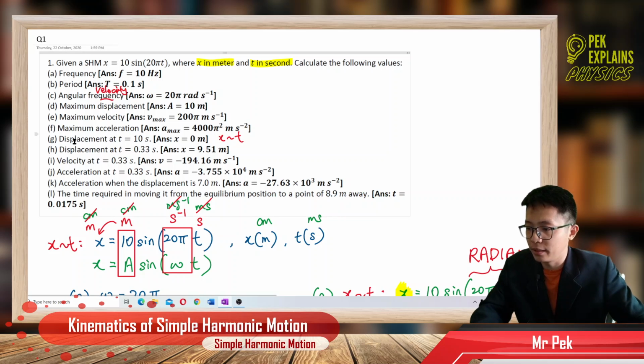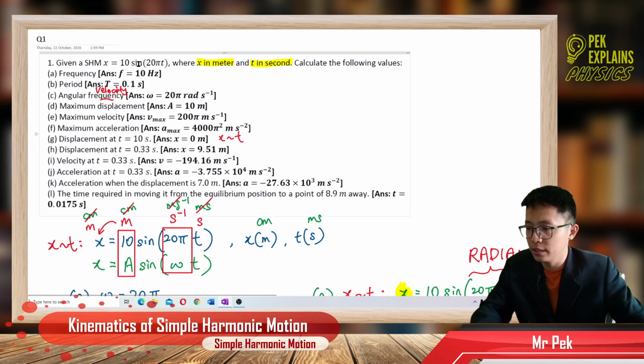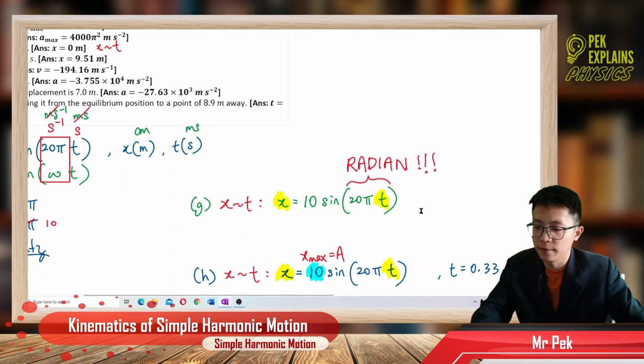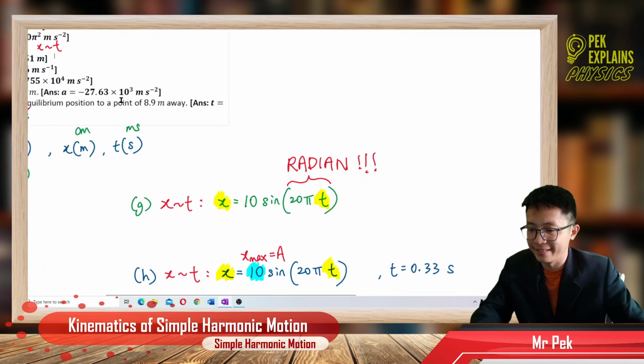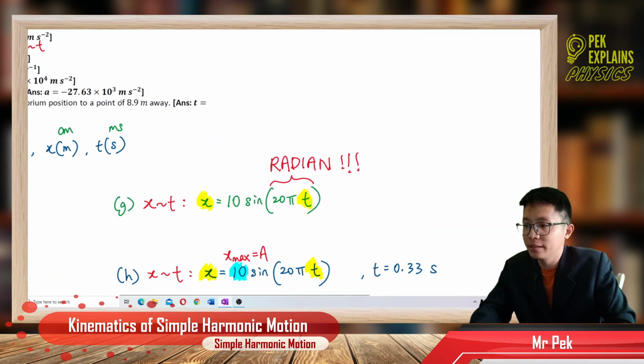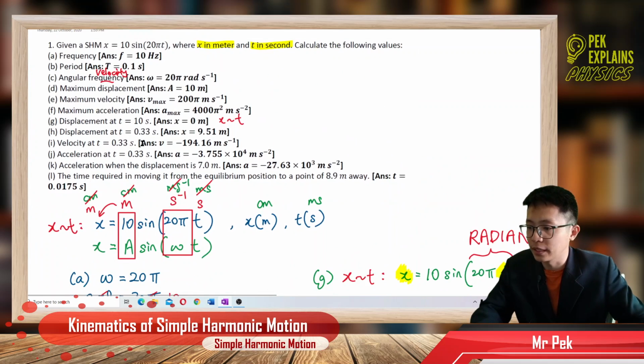Because displacement with time, we use the x-t equation, 10 sine 20 pi t. So just use this formula and we substitute with 10 seconds. Our time is 10 seconds.